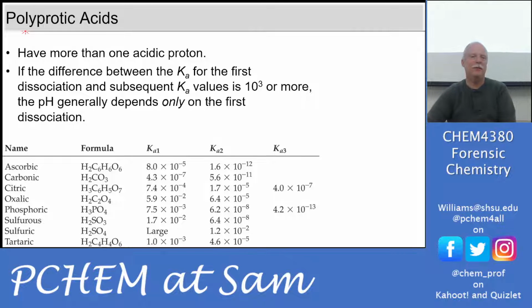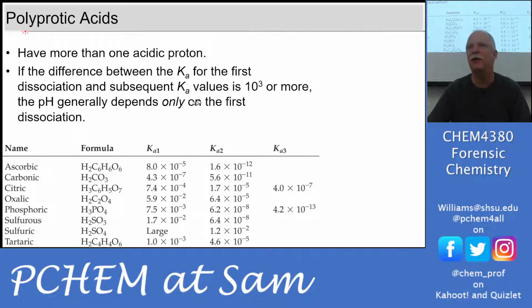Now let's refresh our memory too on polyprotic acids. So these are acids that have more than one acidic proton, one that can be donated. And again, our definition of an acid is a proton donor.